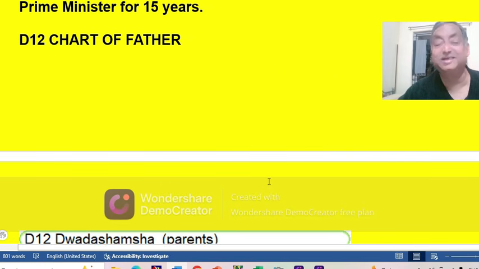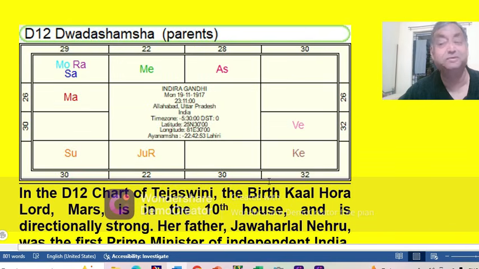D12 chart of father. Her father was Prime Minister, the first Prime Minister of India. See, Mars is in the 10th house. In the D12 chart of parents, with Taurus Lagna, Mars is in the 10th house Aquarius.